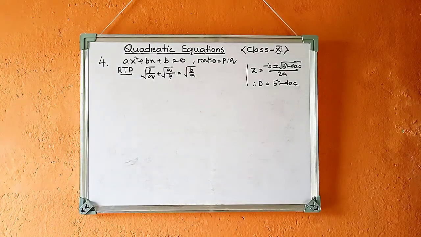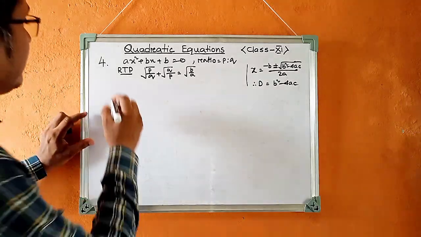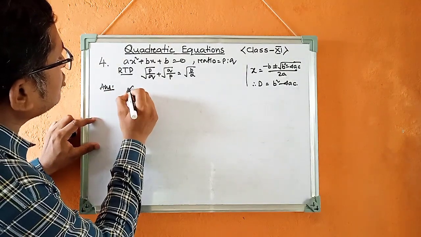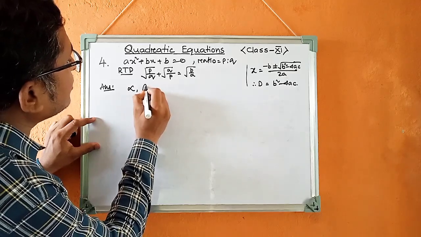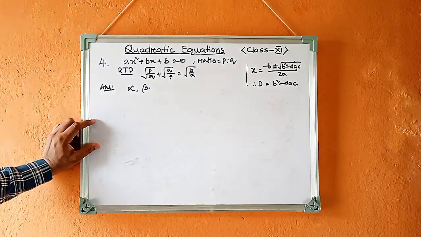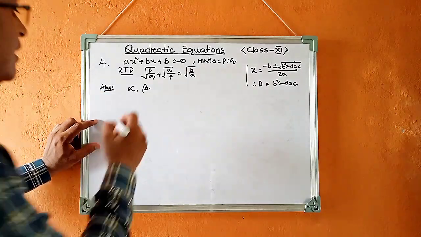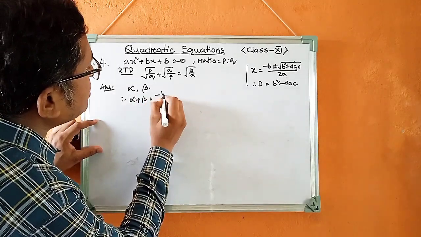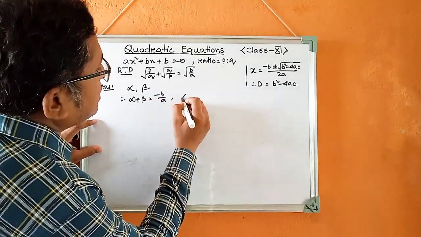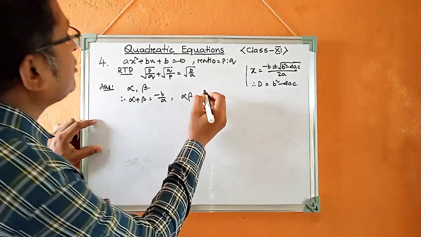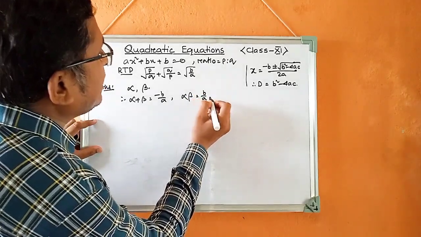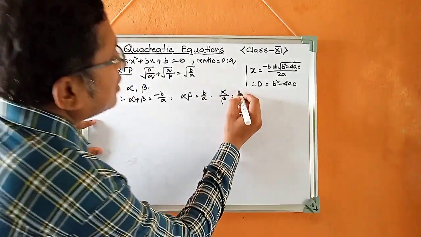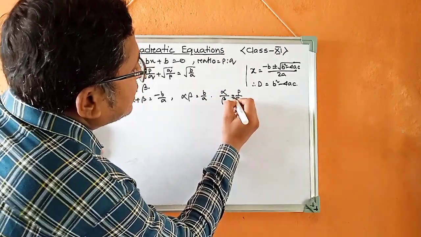Very important. Let the two roots be alpha and beta. So alpha plus beta equals minus b divided by a, alpha beta equals b divided by a, and alpha divided by beta, that is the ratio, p by q, that is given.